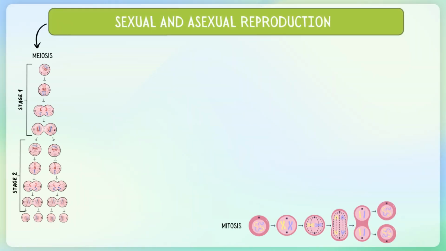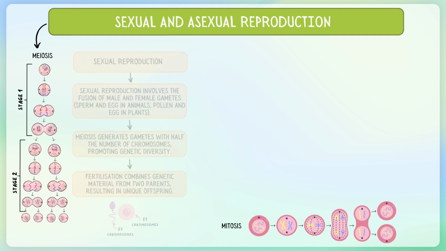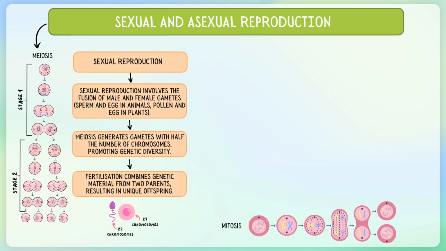Today's lesson covered how meiosis and mitosis contribute to reproduction and genetic variation. We began by examining sexual and asexual reproduction. Sexual reproduction involves the fusion of male and female gametes, for example, sperm and egg cells, resulting in genetic diversity among offspring. This diversity arises from meiosis, a cell division process that produces non-identical gametes with half the number of chromosomes.